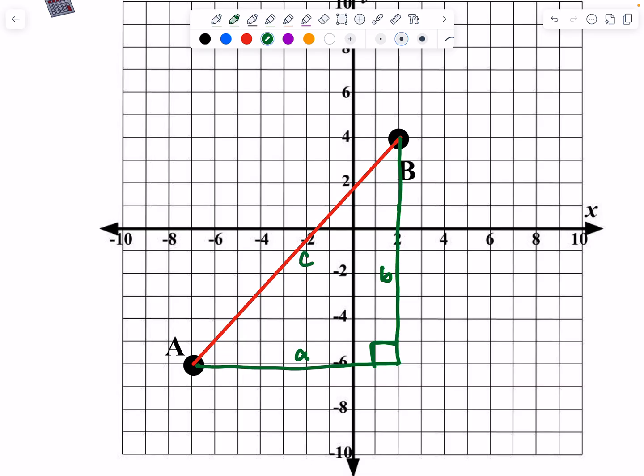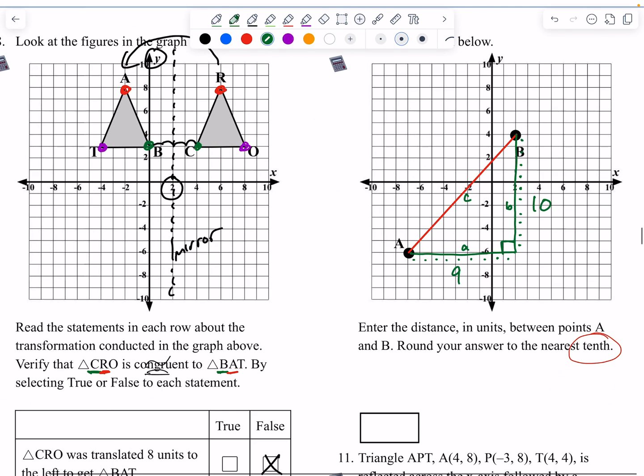So let's figure out what a and b are. 1, 2, and I can't count the boxes. 1, 2, 3, 4, 5, 6, 7, 8, 9, 10. 1, 2, 3, 4, 5, 6, 7, 8, 9. So if I do this correctly, I'm going to have a squared plus b squared equals c squared. 9 squared plus 10 squared equals c squared.